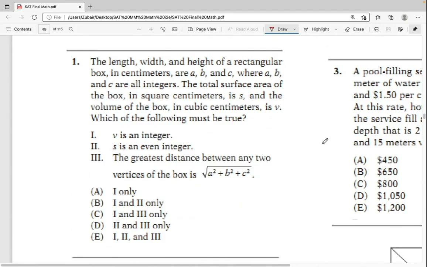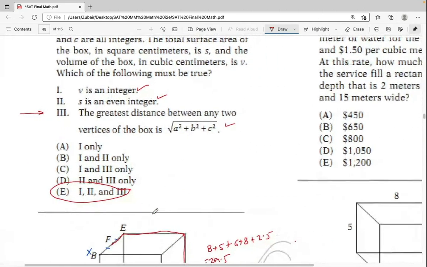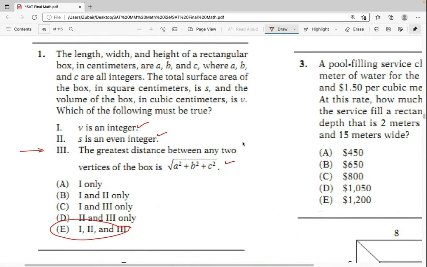Very good. All of them are true. Are you familiar with this third point? Third point, sir, I wasn't sure, but I made a guess that it would be. Could you explain this? Yeah, okay. Quick discussion so that stays in long term memory.